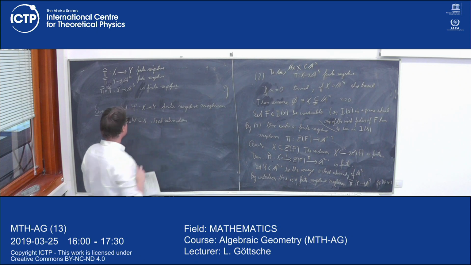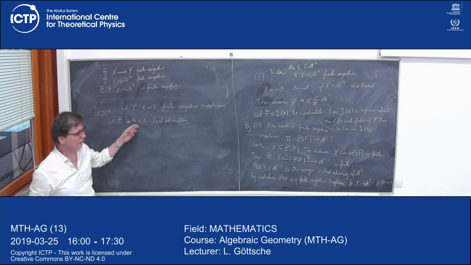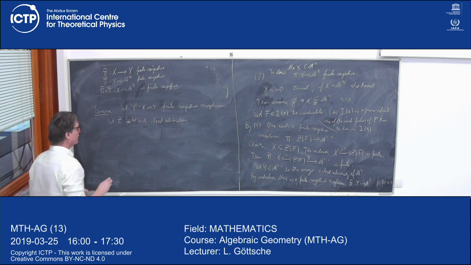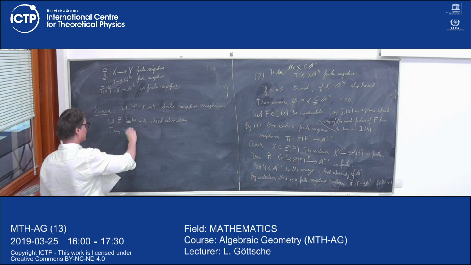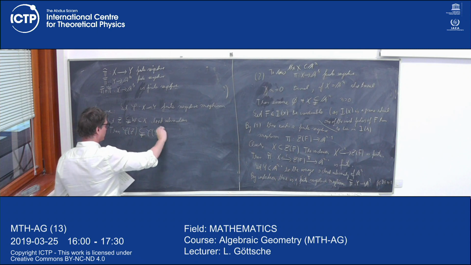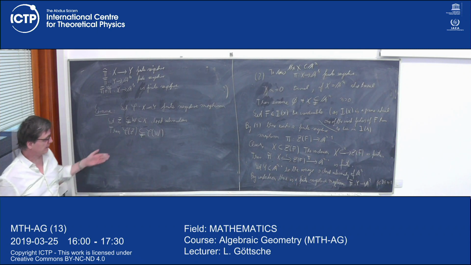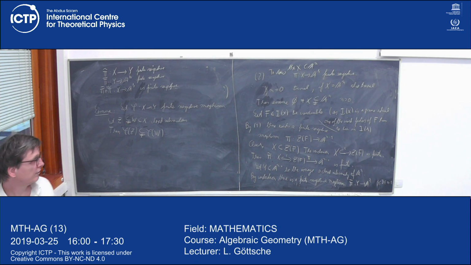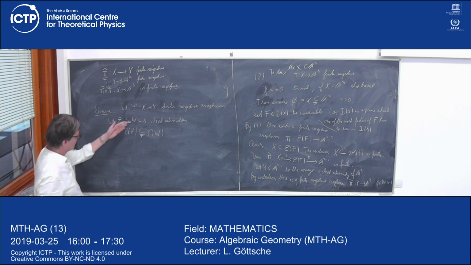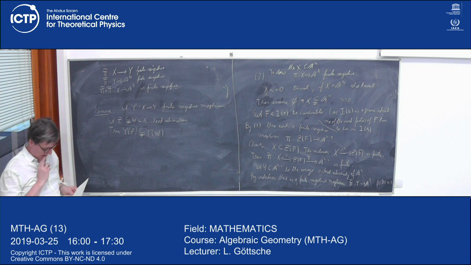So we take closed subvarieties of X, so irreducible closed subsets of X, which are strictly contained in each other, and then phi of Z is strictly contained in phi of W. So it cannot be that two things become equal that were strictly contained in each other before.